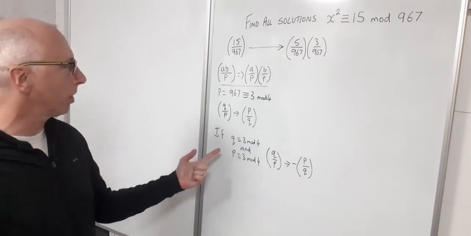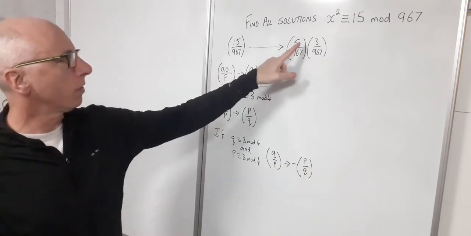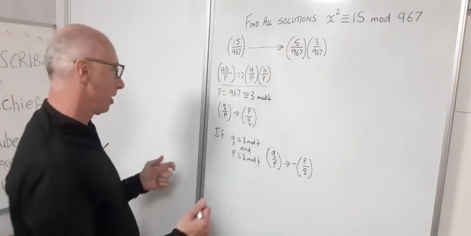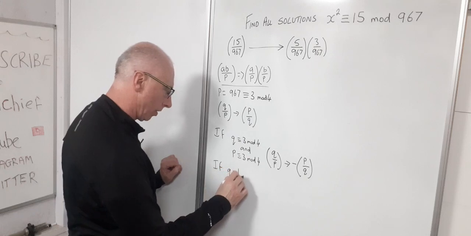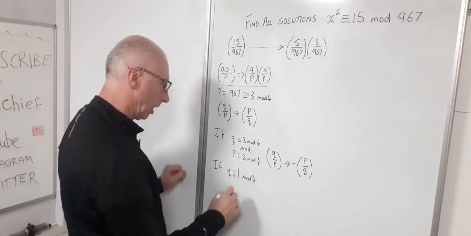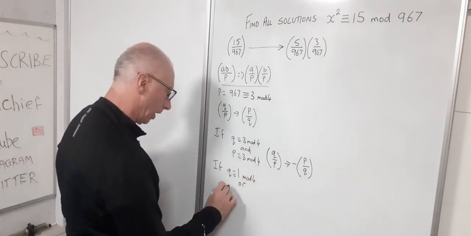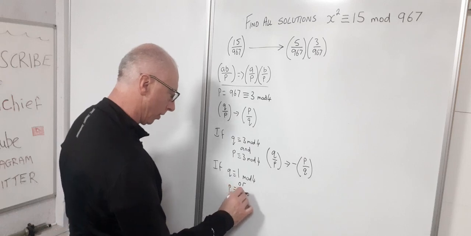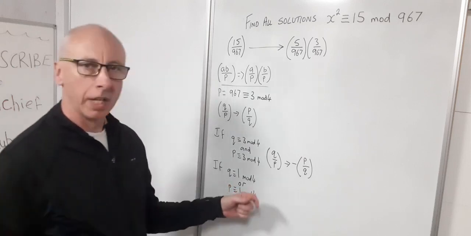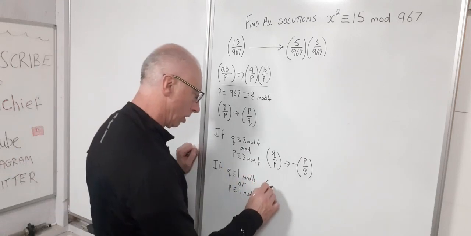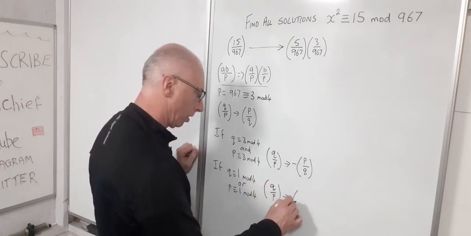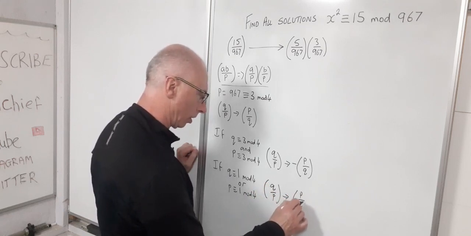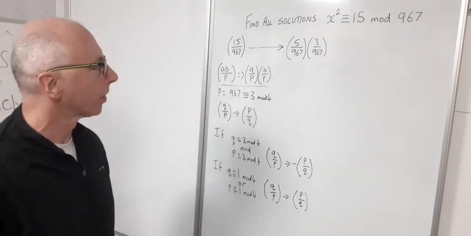Now the other one we've got, because we can see we've got a 5 as well, is that if q is congruent with 1 mod 4 or p is congruent with 1 mod 4, then the Legendre symbol (q over p) leads us to just (p over q), and it stays positive.